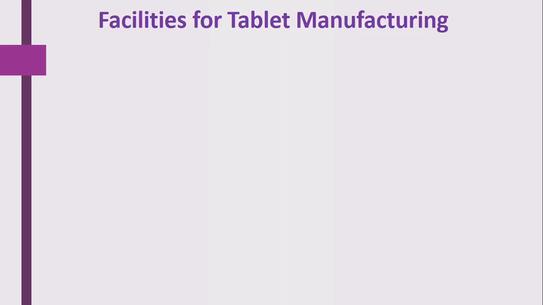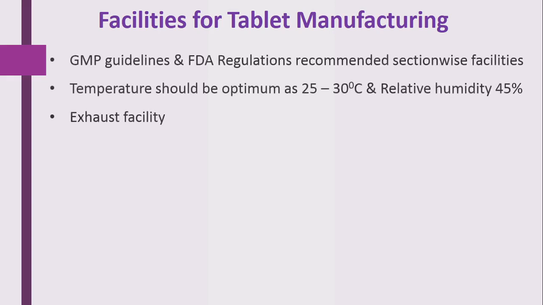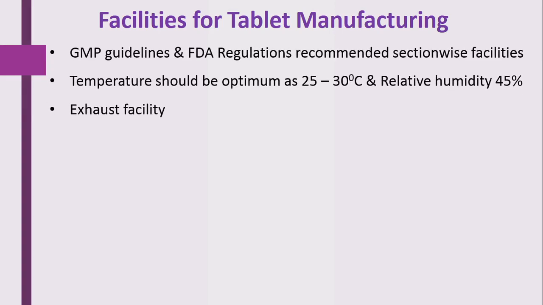So let's move forward. Here in this slide we will see the facilities required for tablet manufacturing. The good manufacturing practices guidelines and FDA regulations, that is Food and Drug Administration regulations, recommend the facilities section wise.